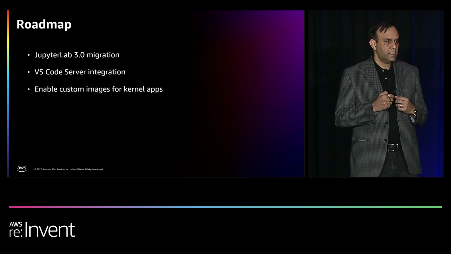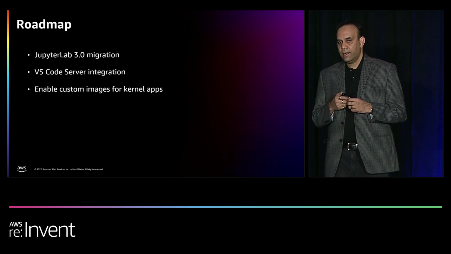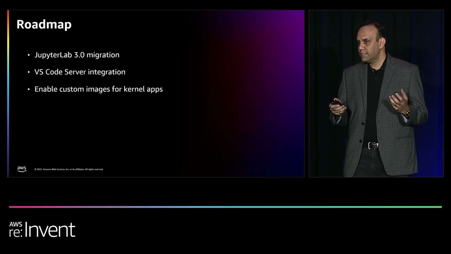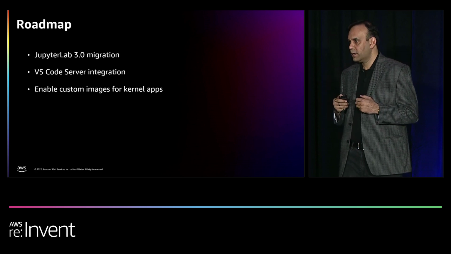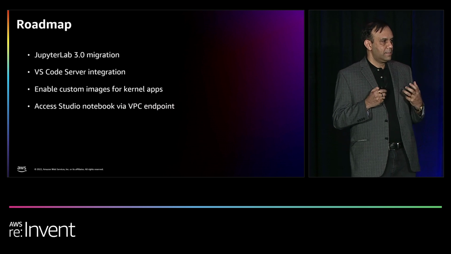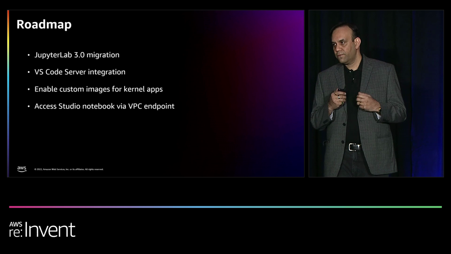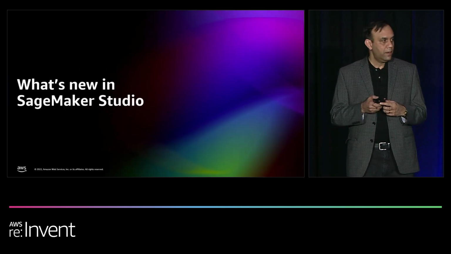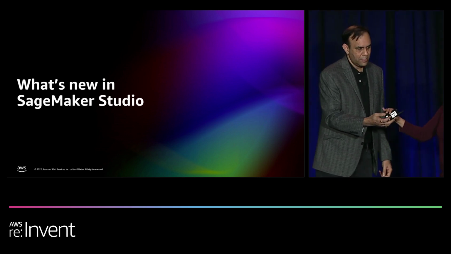We also want to enable custom images for the Studio kernels so that data scientists can bake in their Python packages or Linux packages so that they don't have to do that work every time they launch the kernel. And we also want to allow accessing Studio Notebook with the VPC endpoint to reduce the launch time of Studio Notebook. And that's all I had, so I'll hand it over to Rekha for the new Studio UI features.